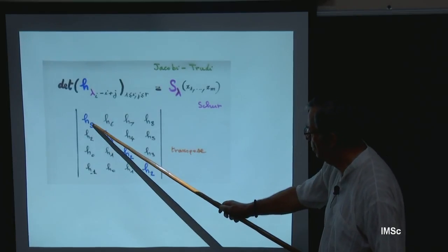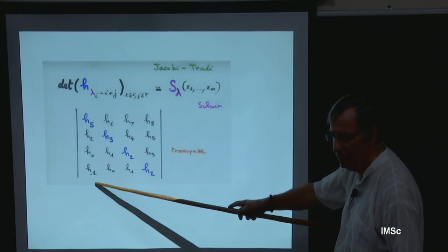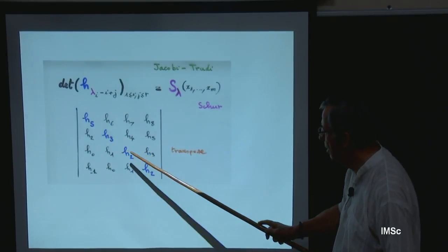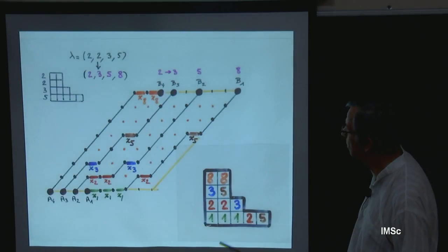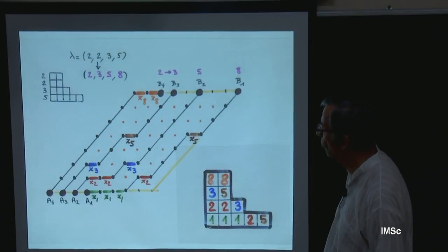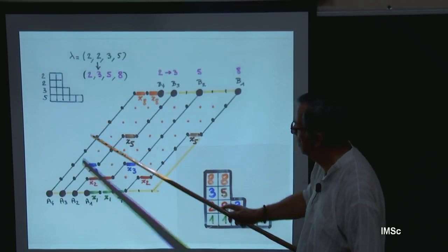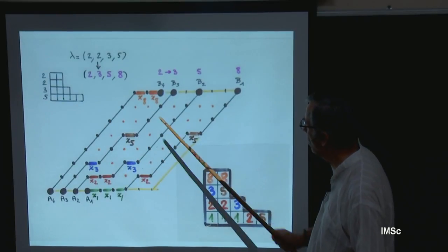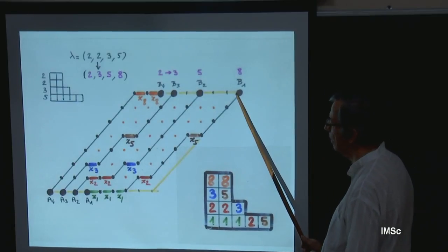Each time you go to the right, you increase the index by 1. Each time you go down, you decrease the index by 1. And you start with 5, 3, 2, 2, which is related to lambda. So in this example, lambda is the partition 2, 2, 3, 5, which gives me the ending point of the picture.